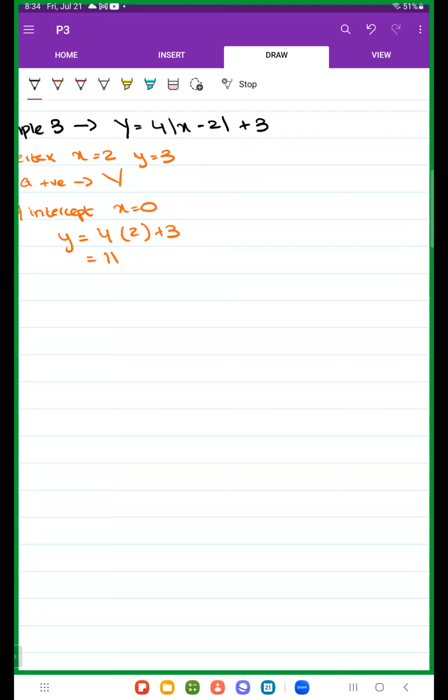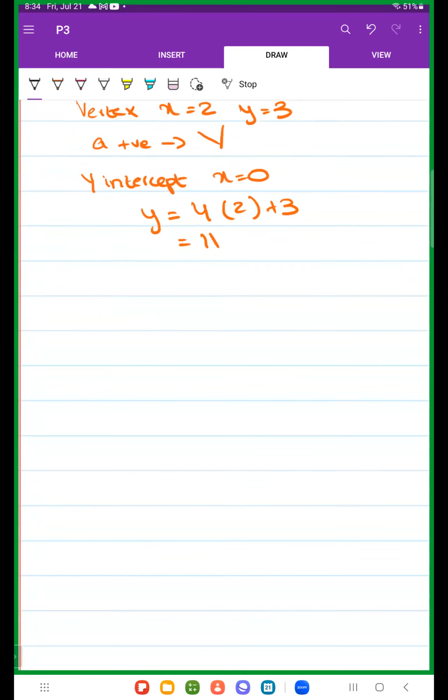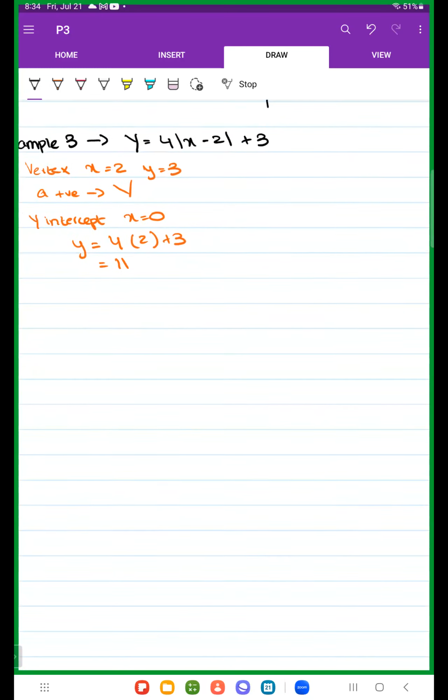How is your y-intercept minus 5? I took minus 2 in the modulus. All right, with 11.